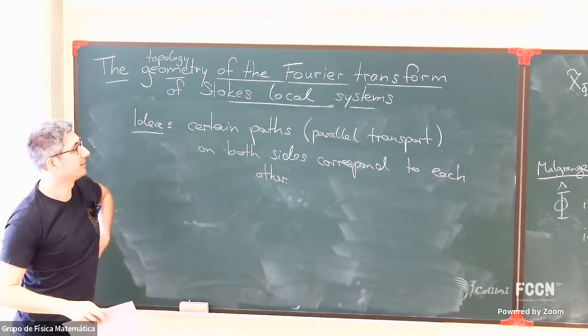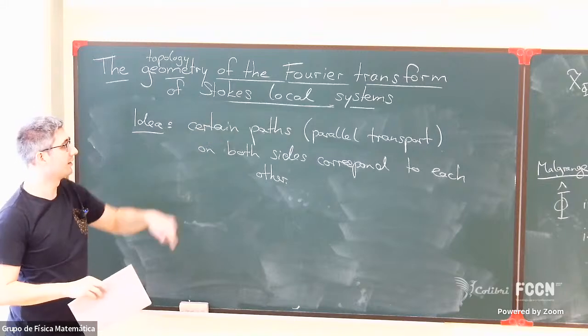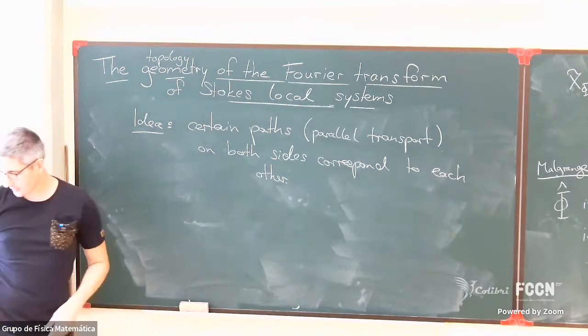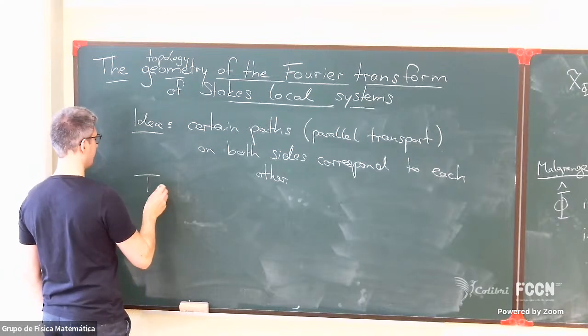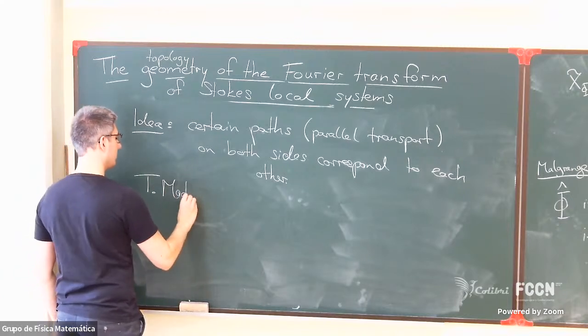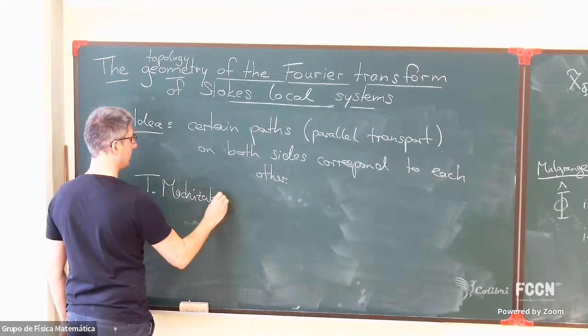And as I just explained, you cannot expect it to be as direct as you would maybe like, but there is a work of Takuro Mochizuki, and this is at the basis of what we did.